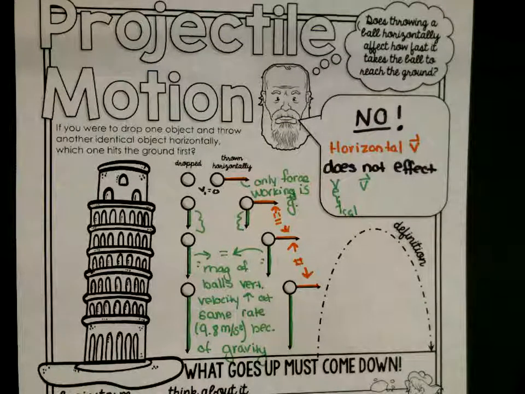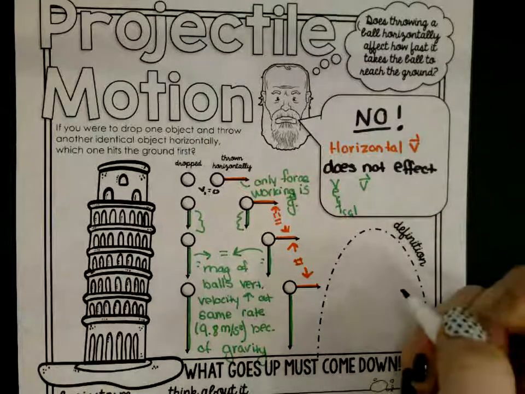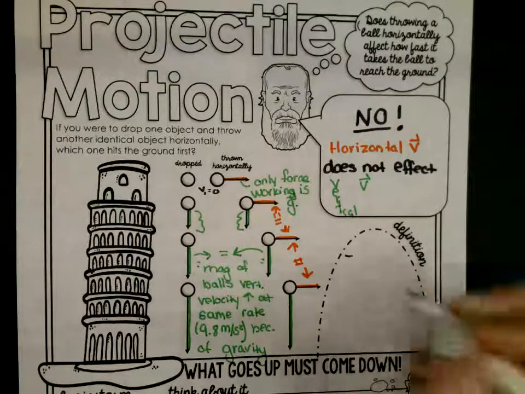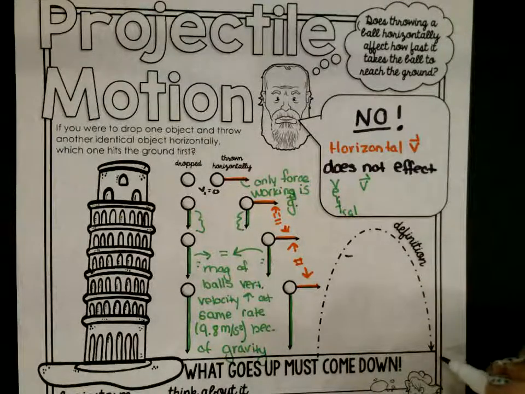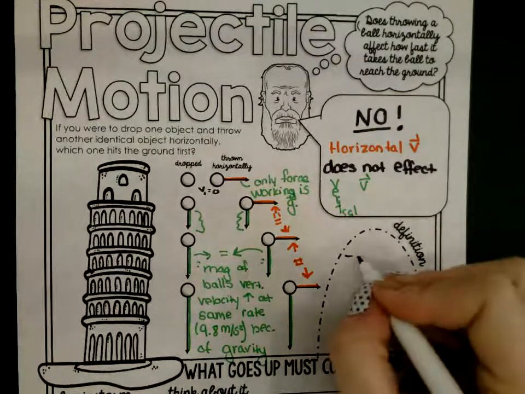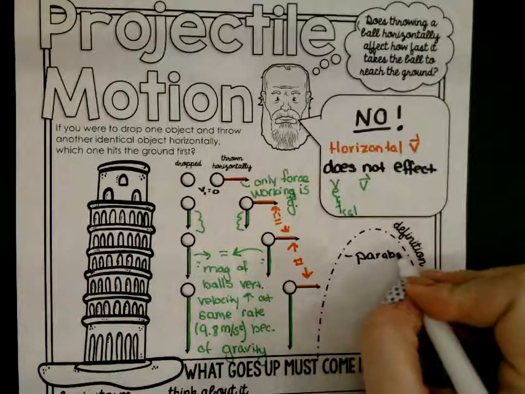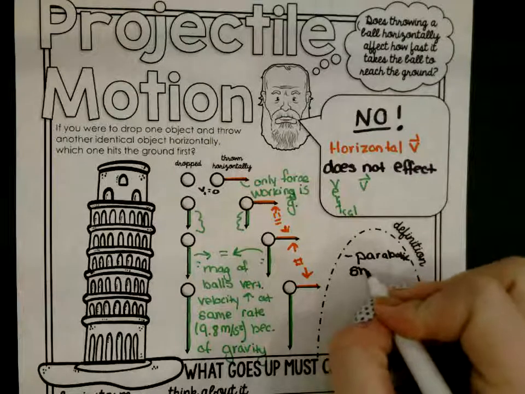So what is the definition of parabolic motion or projectile motion? This is what a projectile looks like, right? It makes this really pretty arch. So we know that when we have a projectile, it makes a parabolic shape.